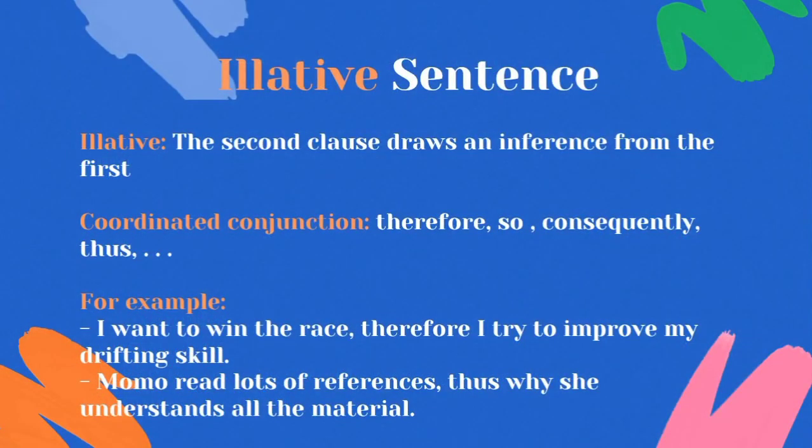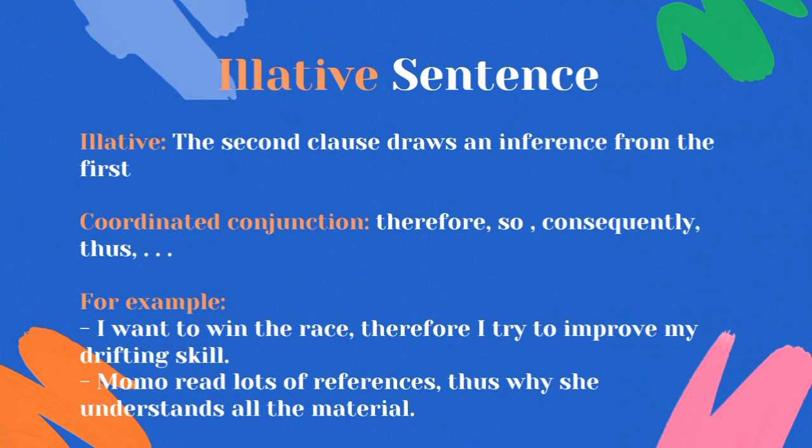The fourth type of compound sentence is the elative sentence. In an elative sentence, the second clause draws an inference from the first. The coordinated conjunctions are therefore, so, consequently, thus, and so on. For example, the second sentence: Momo reads a lot of references.